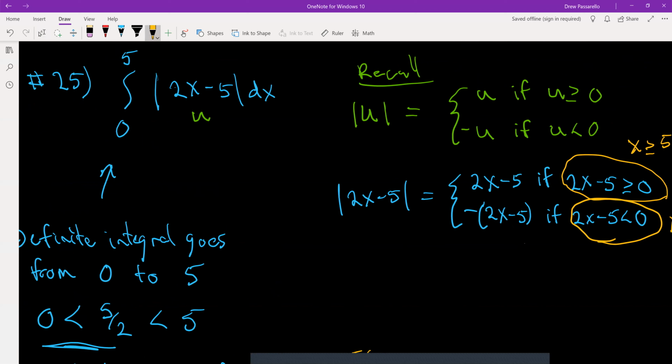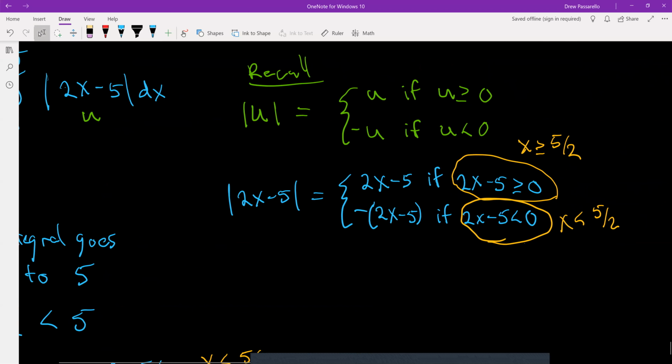All right, so I thought of, well, what's the absolute value of just u? That's equal to u if u is greater than or equal to 0, or negative u if u is less than 0. In this case, our u is 2x minus 5. So it's either going to be 2x minus 5 if 2x minus 5 is greater than or equal to 0, or negative times 2x minus 5 if 2x minus 5 is less than 0.